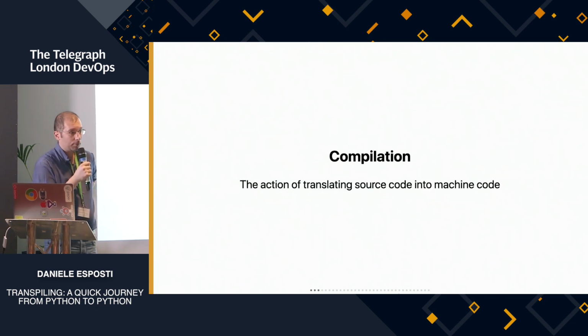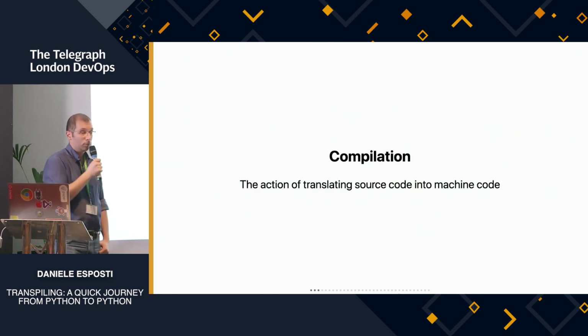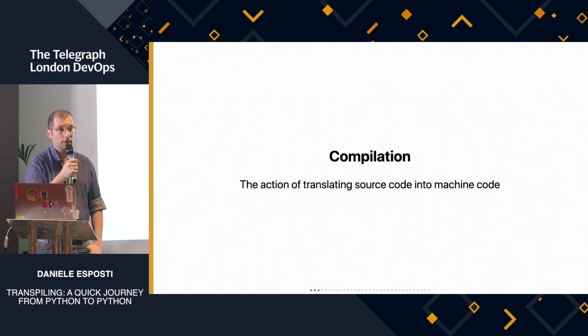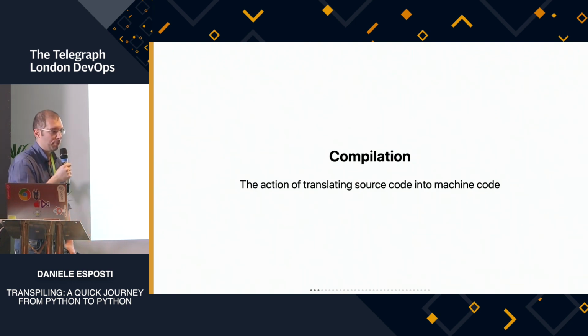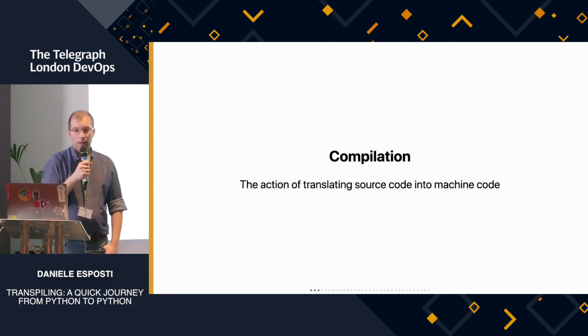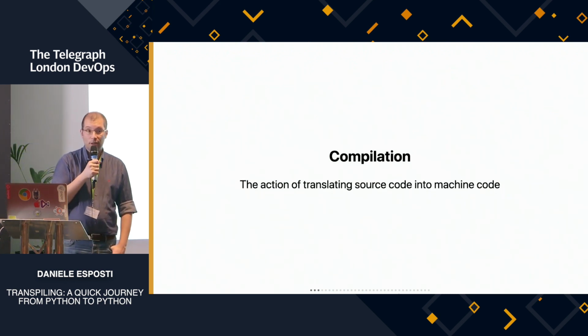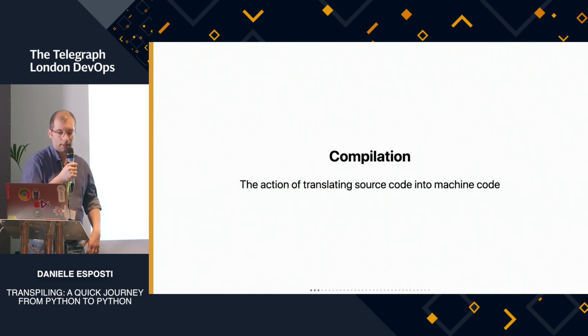So, as I said before, we start to talk about transpilation and the Python to Python journey. But first, I want to do a small introduction. Before going to transpilation, I want to start with the basics, which is compilation, which is actually translating source code into machine code.